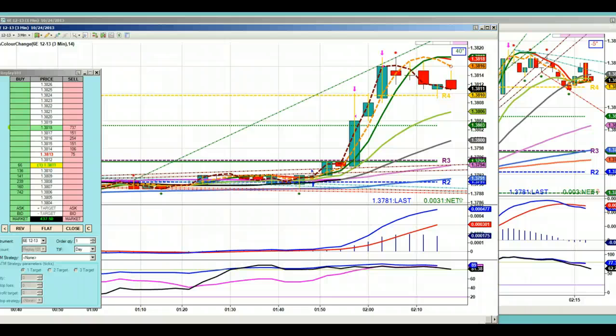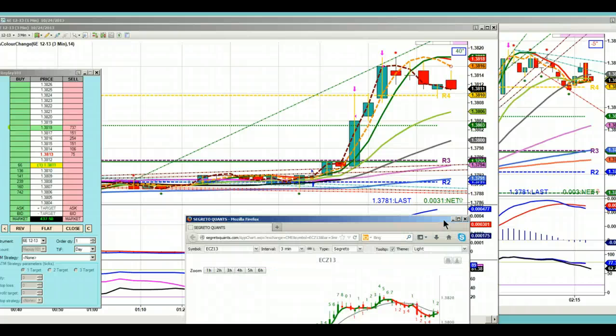I cover that in my algorithm class, and we will get to that. But you can also use your Segredo to answer that question. You can use the size of the histograms, how small they are, if you get a lot of onesies and twosies in a row. It's not a single indicator. It's a number of things. I wish it were that simple, but it's not.